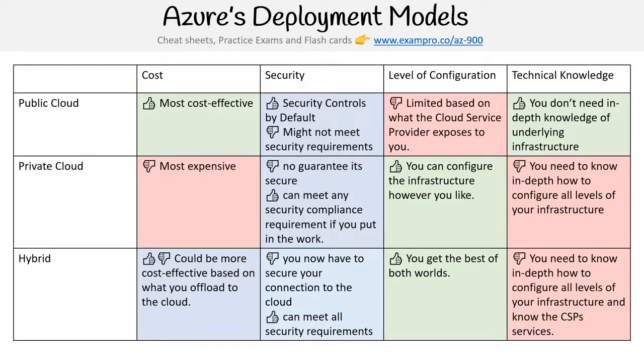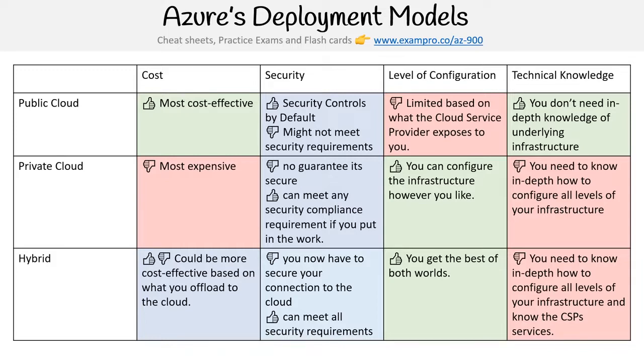Now, coming down to private cloud, it is the most expensive option on our list. So you're going to be paying a lot of money there. For security, there is no guarantee that it is 100% secure because you just don't have the same kind of visibility that you would have with a cloud service provider with all those dashboards. It's just so hard to build out all that software, but you could meet your security compliance requirements depending on your situation.